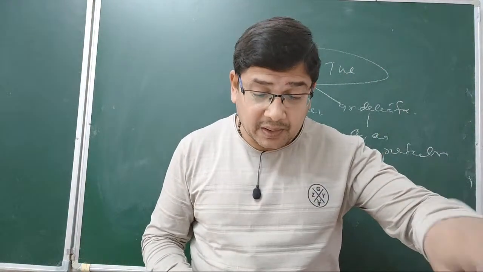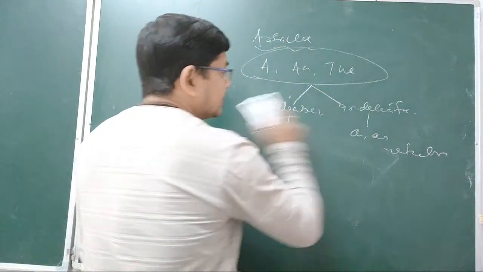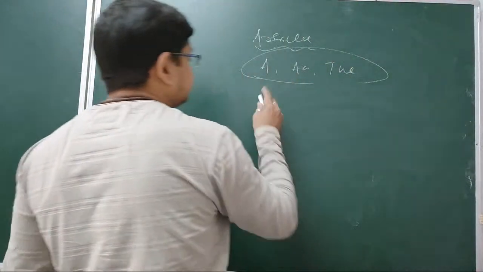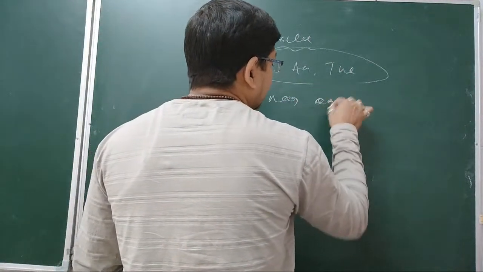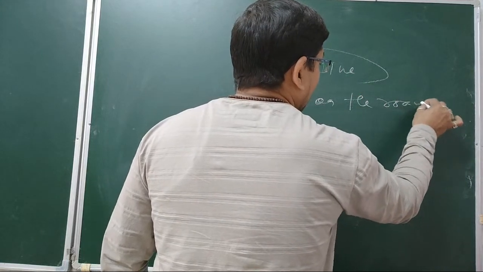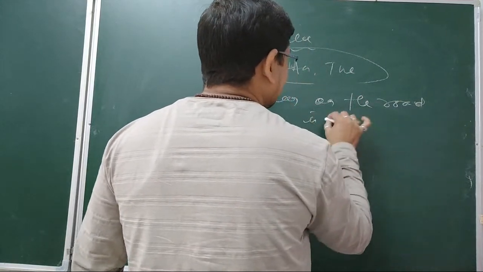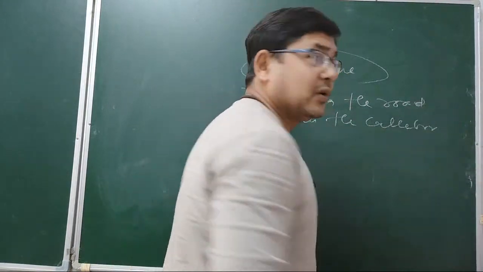For example, the man on the road is the collector. Look at the example. The man on the road is the collector.